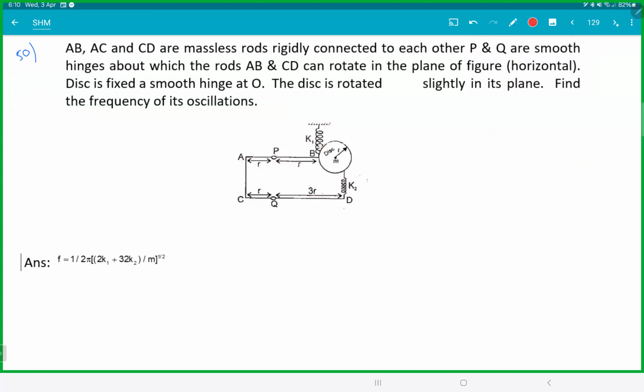Just to give an idea here, rigidly connected to P. So there is a hinge here. There is a hinge here. This is connected to the rod here, and there is a spring also here. This is connected here. There is no diagram.